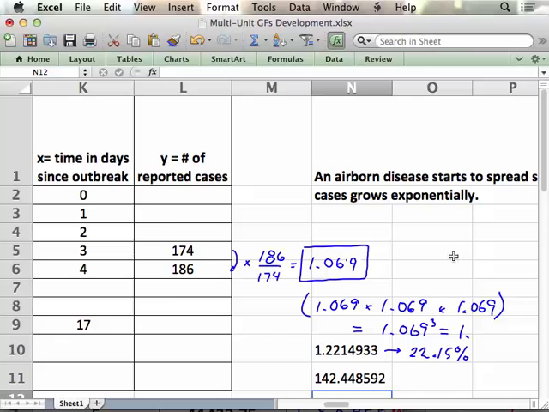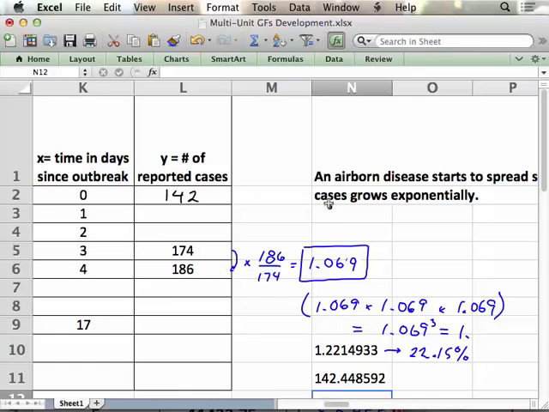So it's looking like the initial number of cases was 142, right? Because it's not going to be a fraction of a person, so we round to the nearest whole person. So we're assuming here that the initial number of cases was 142.